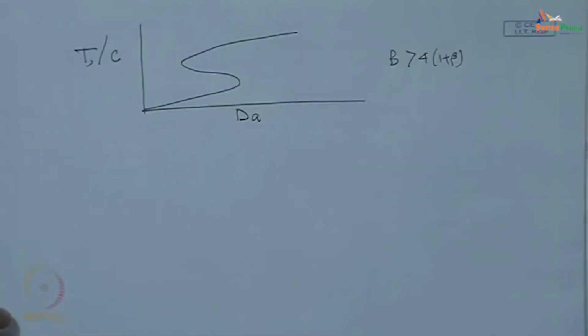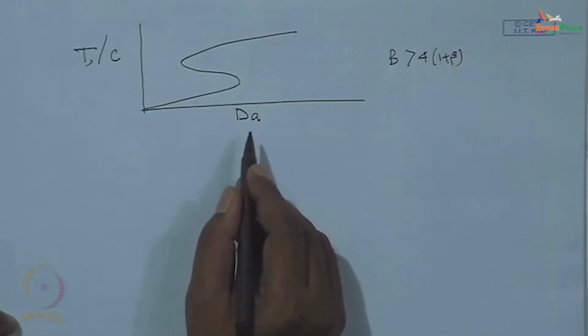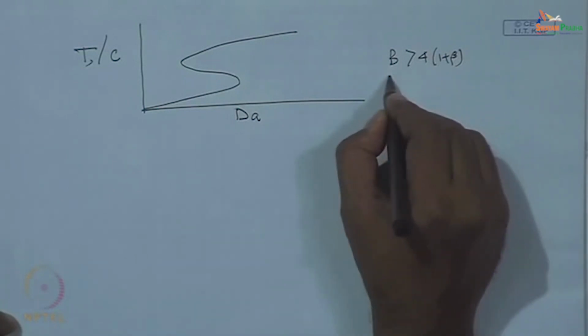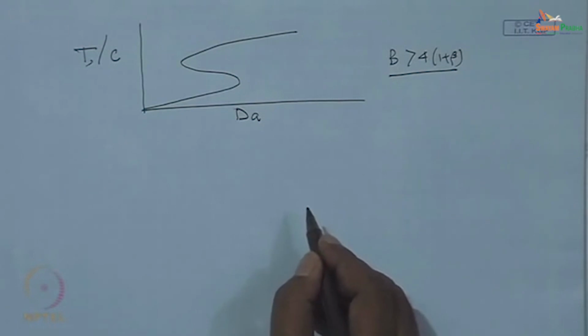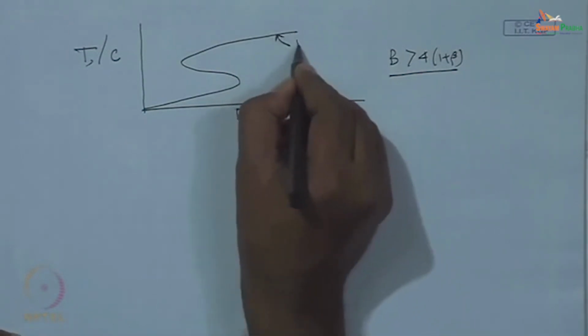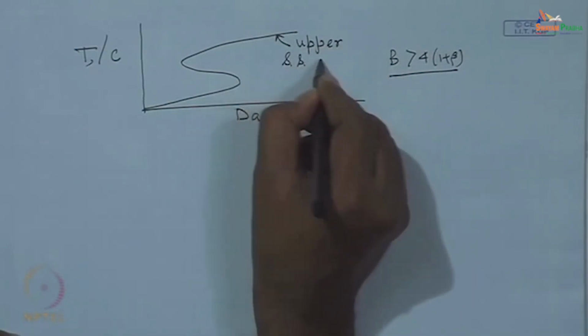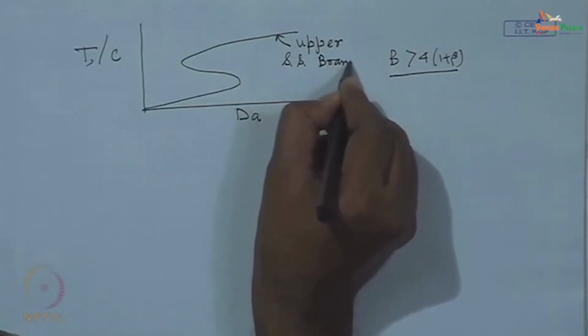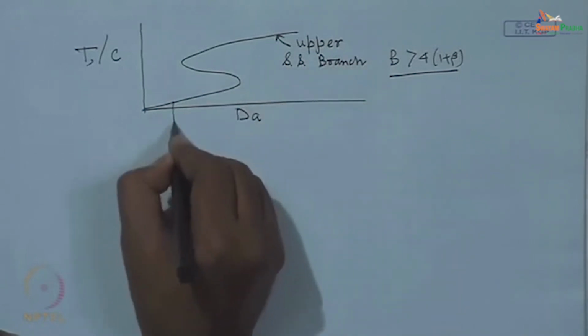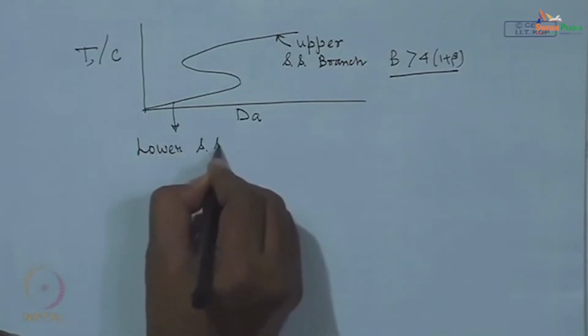Next, we have T and C versus Damkohler number for the condition b greater than 4 into 1 plus beta. This is known as the upper steady state branch, and this is the lower steady state branch.